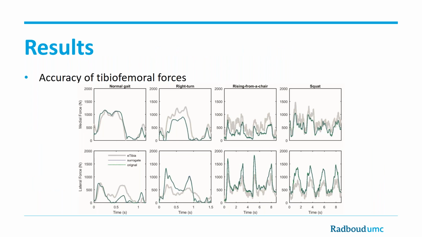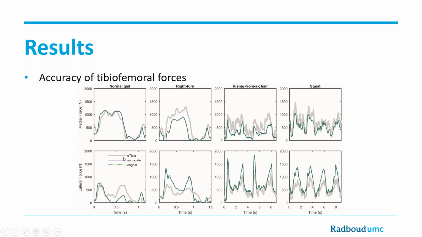As for the accuracy of estimated forces, we saw a very good accuracy if you look at the surrogate and the original contact model estimates. These are represented by the continuous and the dotted line, respectively.